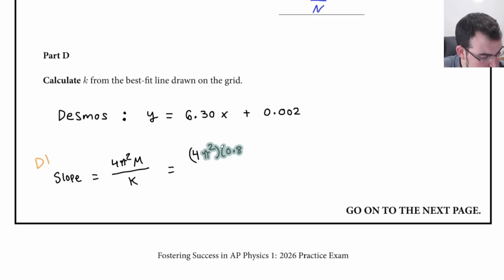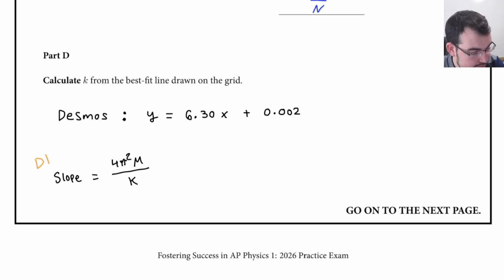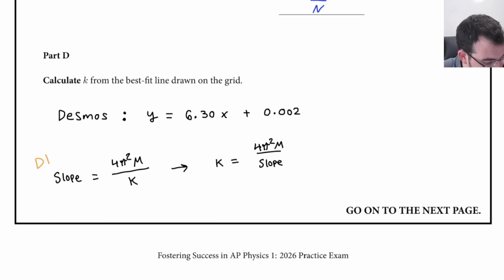Or sorry, let's solve for k. So if we do this, we get k times slope would be equal to this thing. So all we have to do is some cross multiplying, and we'd get k is equal to 4 pi squared m divided by slope, which is 4 pi squared times 0.8 divided by the slope, which was 6.30.